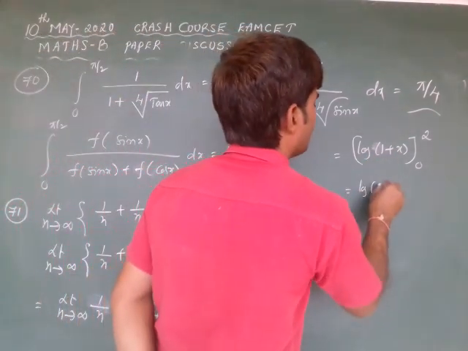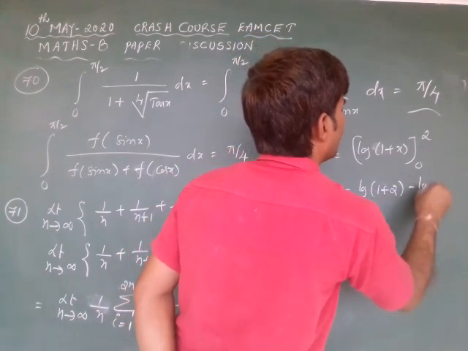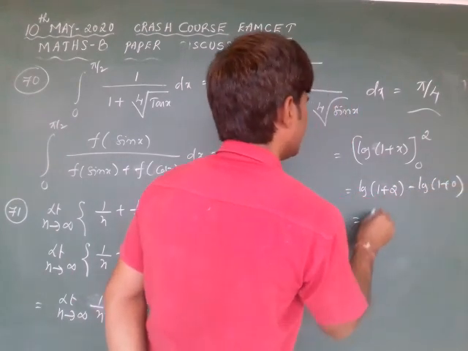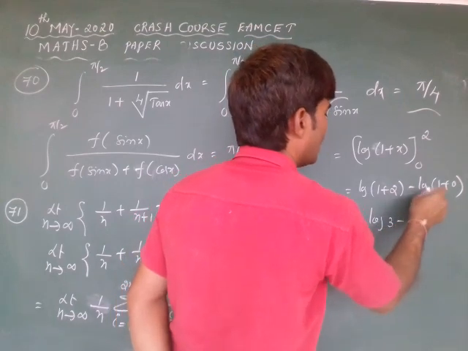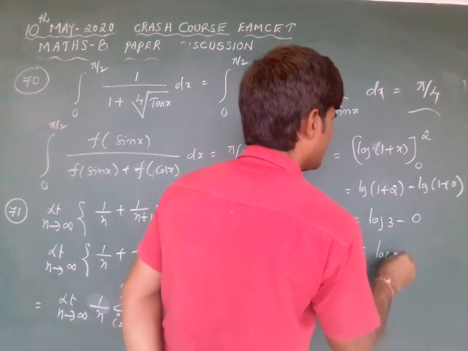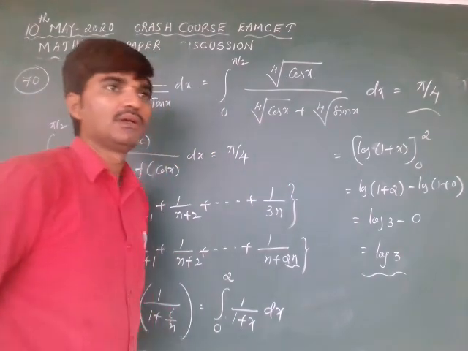First of all, substitute upper boundary minus lower boundary, log 3 minus log 1, log 1 is 0. Finally, the entire limit value is equals to log 3.